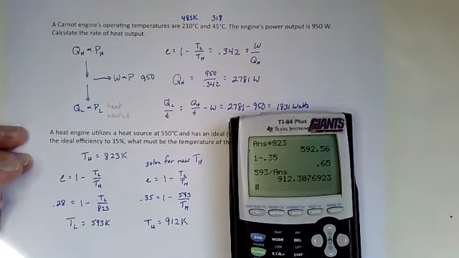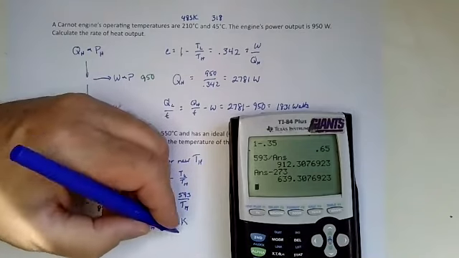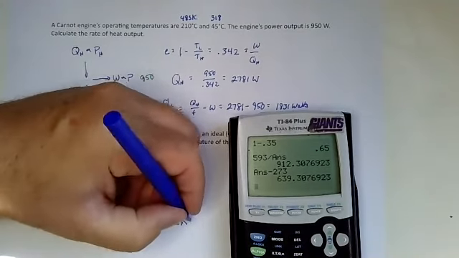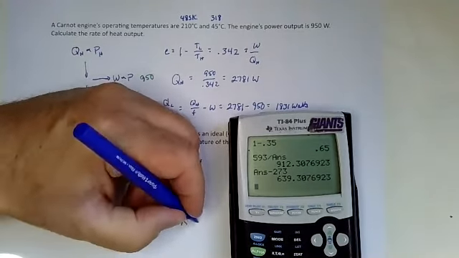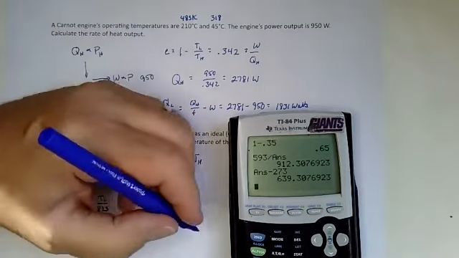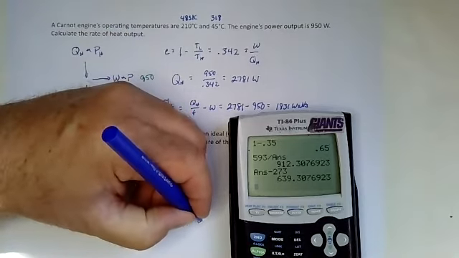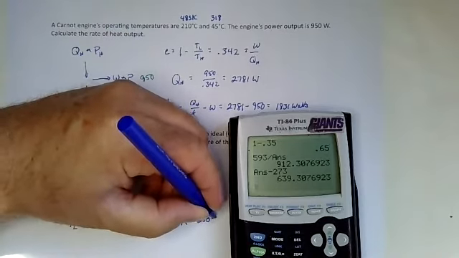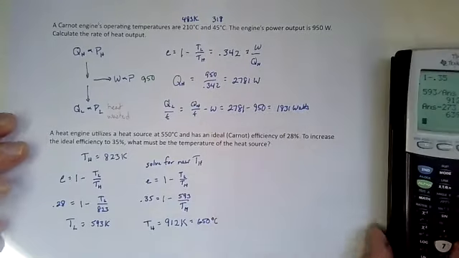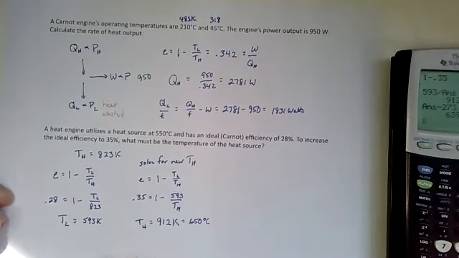And I suppose if you want, we could write that in degrees Celsius. It's probably what Mastering Physics would want. And looks like two significant figures. So this would be 640 degrees C. Okay, good. I hope you found this video helpful.